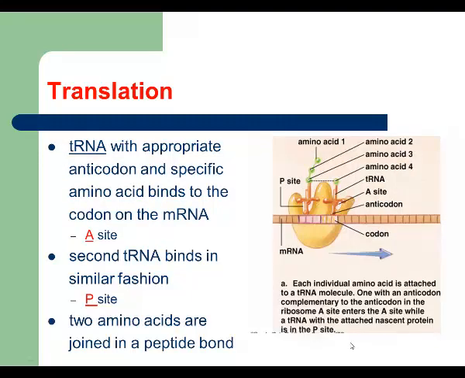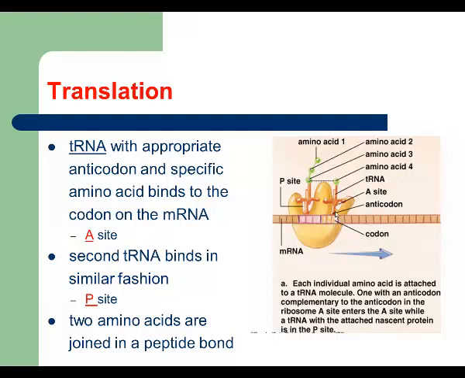Let's look at this picture. It shows you the structure of the ribosome. Each ribosome has two sites. This one is called the A site, or amino acid site, and this one on the left is called the P site, meaning protein site. So everything begins when tRNA comes to the A or amino acid site and with its anticodon reads the codon on the messenger RNA.